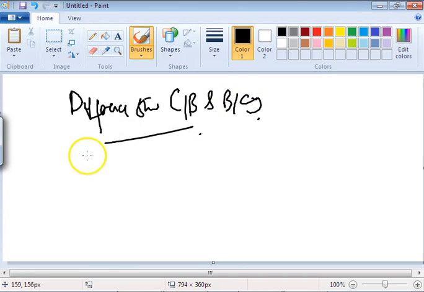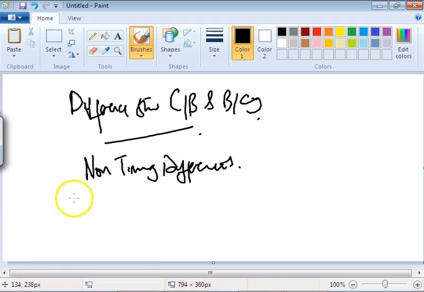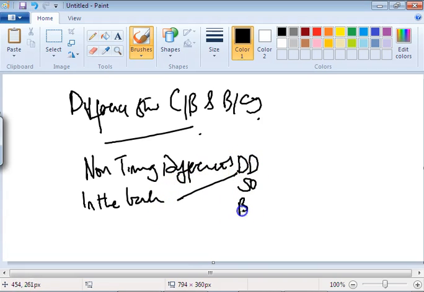One of the reasons for that is what we refer to as non-timing differences. These are events that have occurred in the bank that you had no knowledge about until you checked the bank statement. We've given a few examples: direct debits, standing orders, bank charges, credit transfers. There are a couple more we'll talk about in a second.